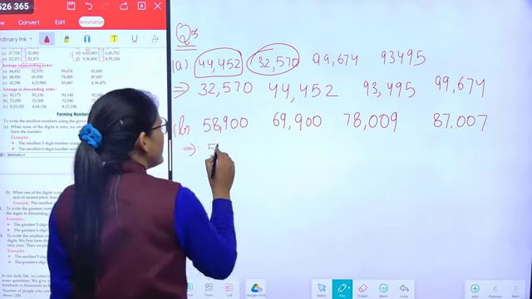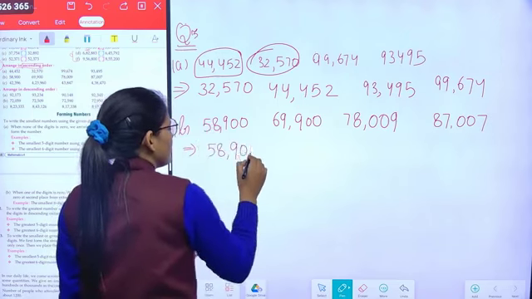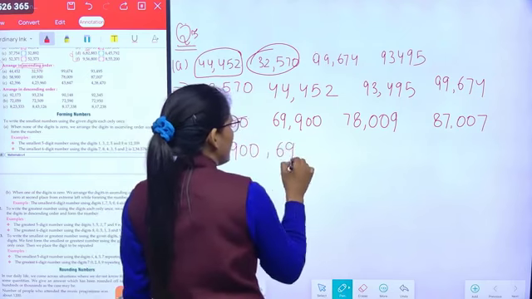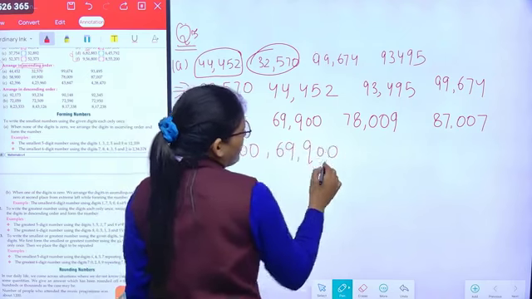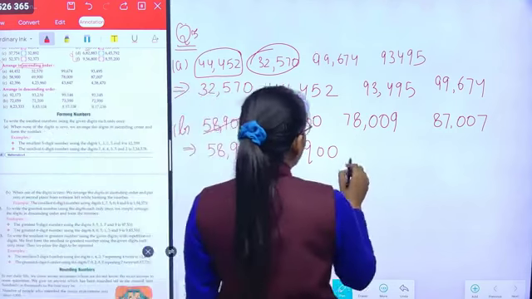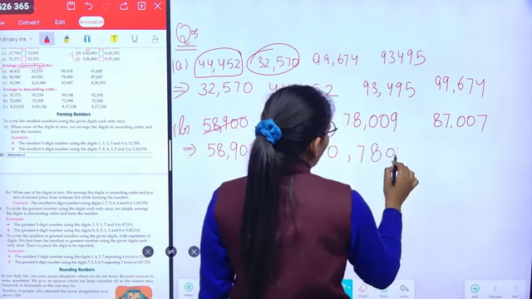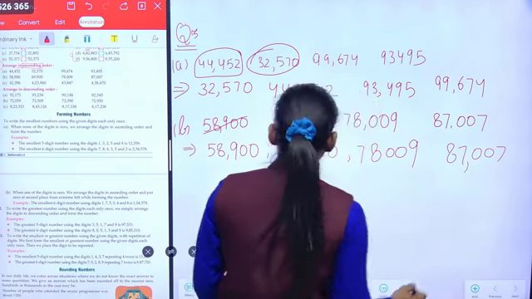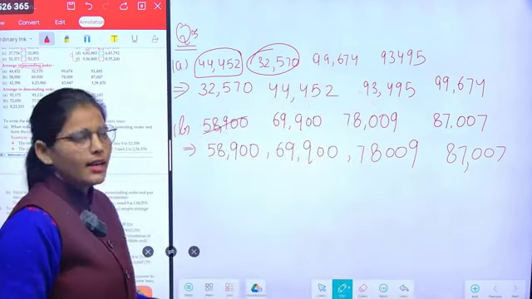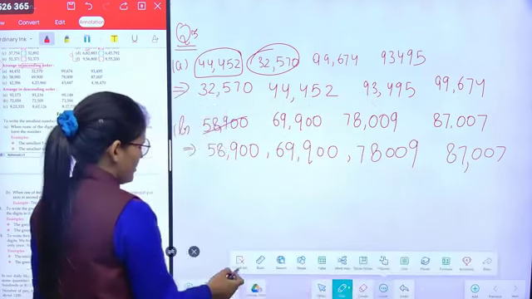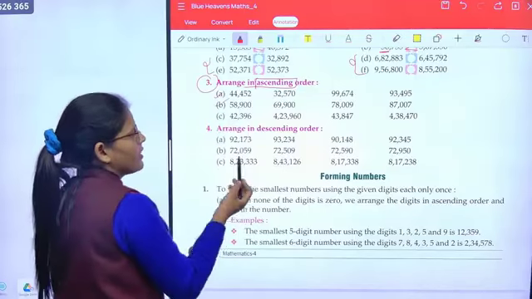This 58,900. Now 69,900. Understand, class? Now class, it is already in ascending order. It is already in ascending order. Understand? Okay. Now students, rest of the parts, do yourself.